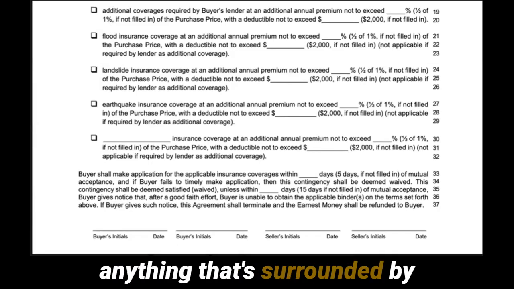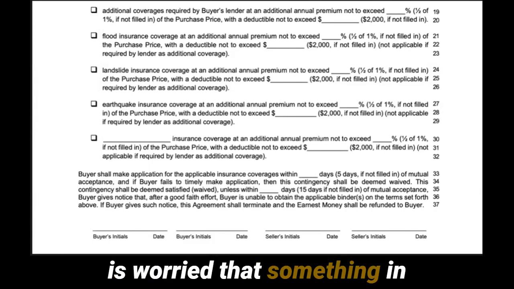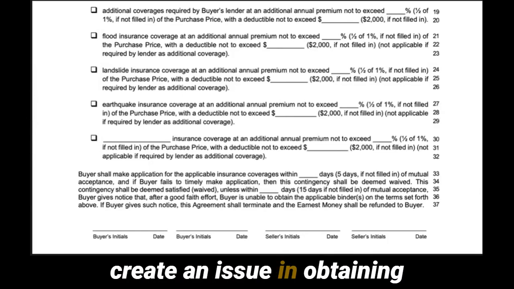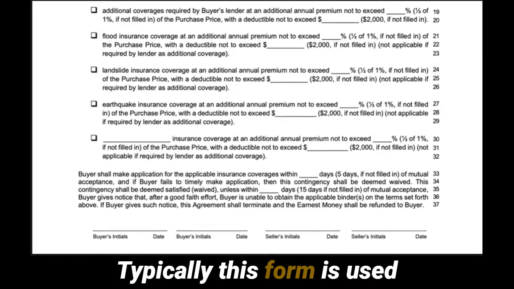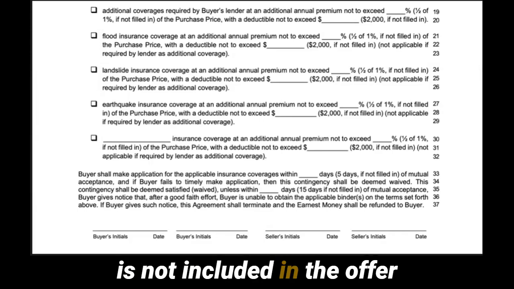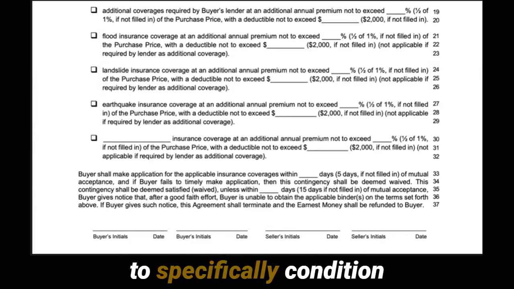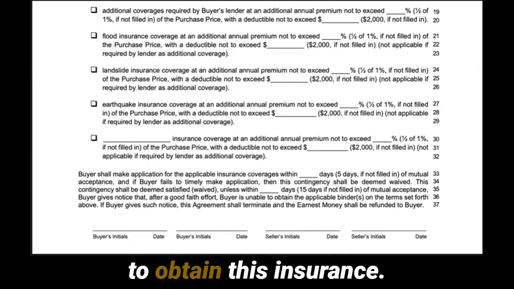Anything that's surrounded by possible trees, or if the buyer is worried that something in the surrounding areas would create an issue in obtaining homeowners insurance through a regular policy. Typically, this form is used when a financing addendum is not included in the offer, or when the buyer wants to specifically condition this purchase on the ability to obtain this insurance.